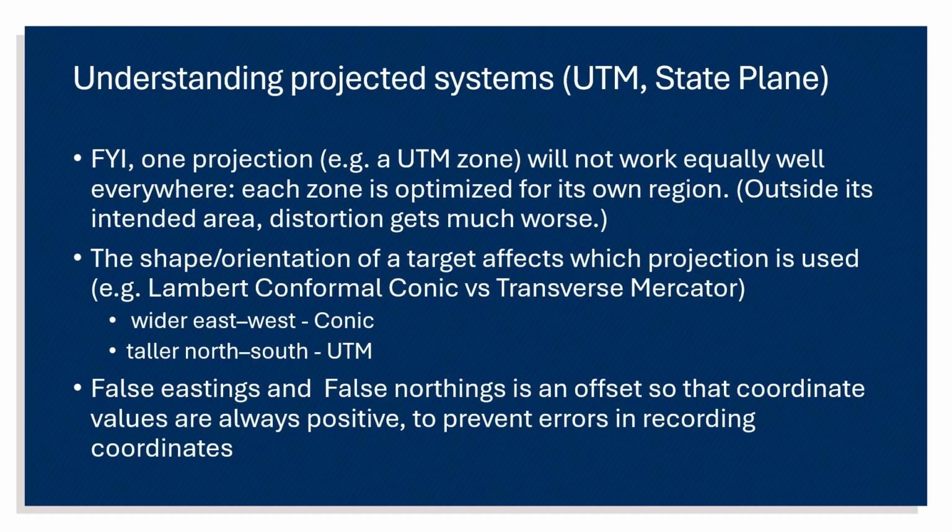And if you don't do that, it can literally throw your data point out into the middle of the ocean or into the other polar hemisphere, if you will, going from the northern half of the globe to the southern half, because you simply forgot to put a negative sign in. So false easting and false northing adds to those values so that you never have to worry about that.